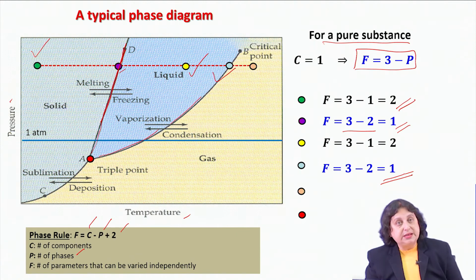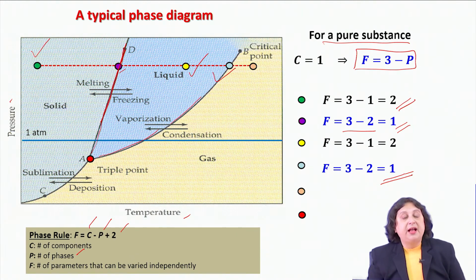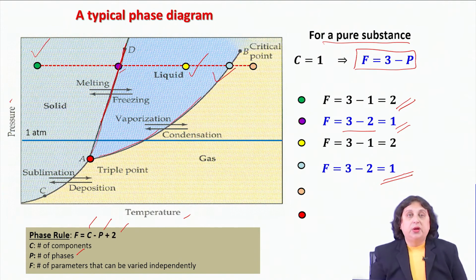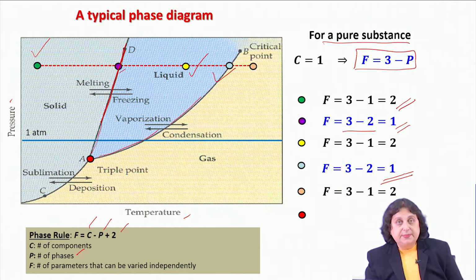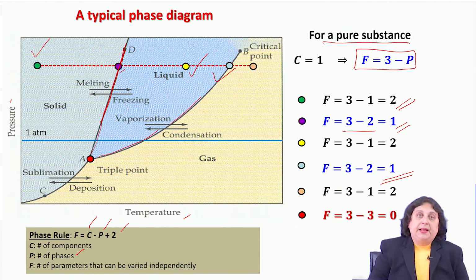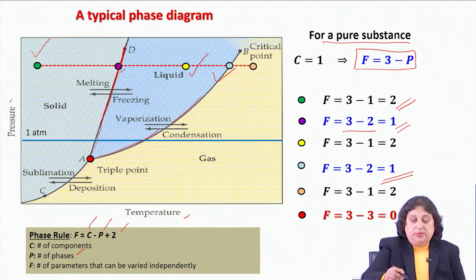If I vary temperature, the pressure will have a fixed value at which the two phases, liquid and gas, will be at equilibrium. And this basically applies to the other points that I have shown here.